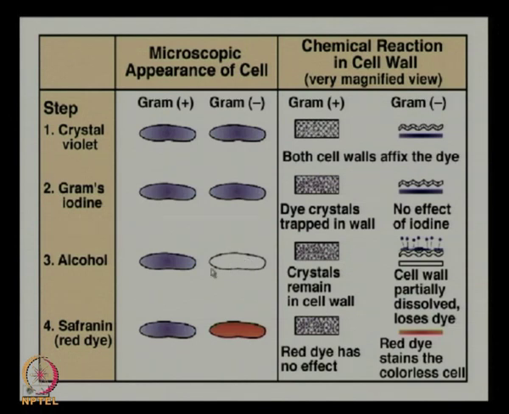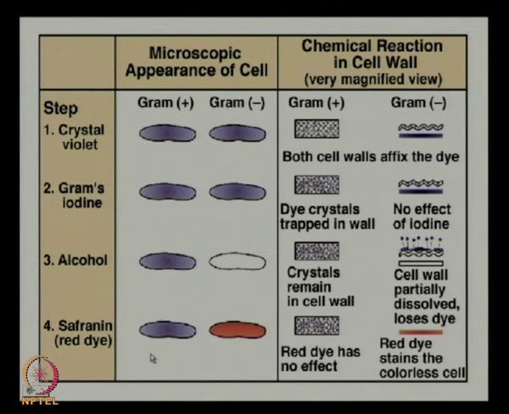In one case, we have seen that the bacteria can retain the crystal violet gram iodine complex within the outer wall of the cell. In another cell, the peptidoglycan chain is very thin and cannot retain the gram iodine and crystal violet complex, and it comes out of the cell.